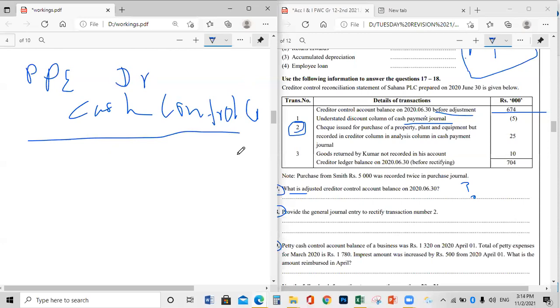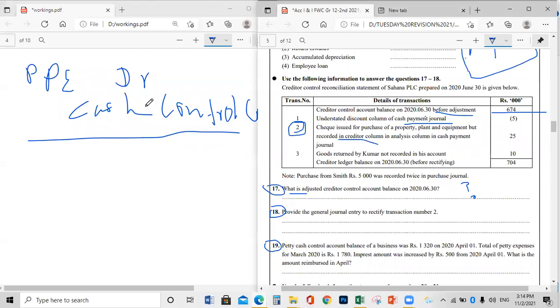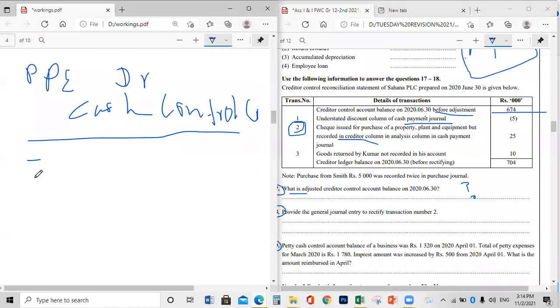But what have they done? They have gone and recorded in the creditor column. So if you record in the creditor column, that means you have recorded it as cash paid to creditor. You would have debited trade payable and credited cash. Guys, if you compare, your cash has no problem.